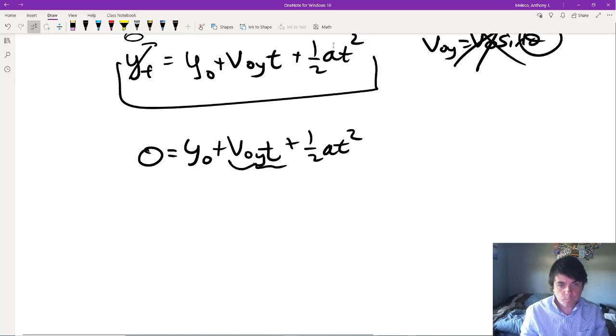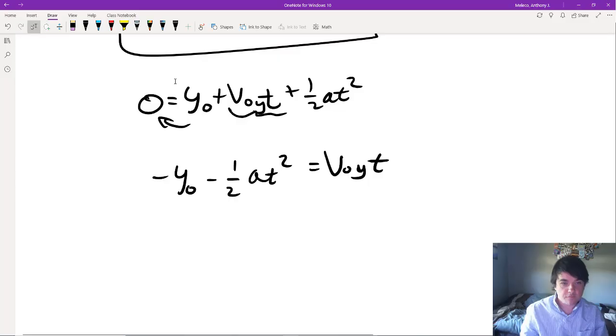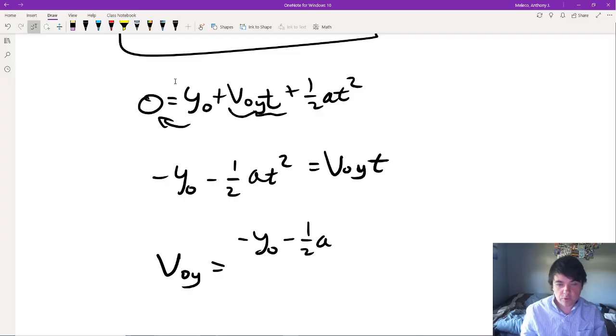So we subtract this over, subtract over the 1/2 a t squared, and then divide by t. So v naught y will equal minus y initial, which we know, minus 1/2 a, which we know, t squared, which we don't, all over t, which we don't. So this is the equation that we'll use.